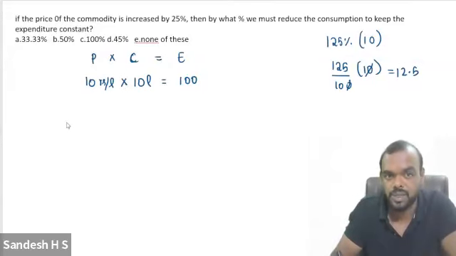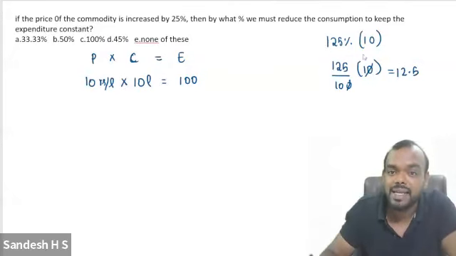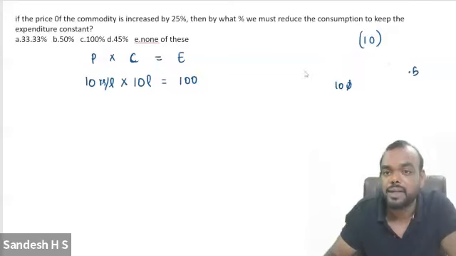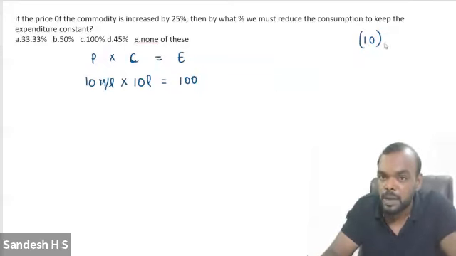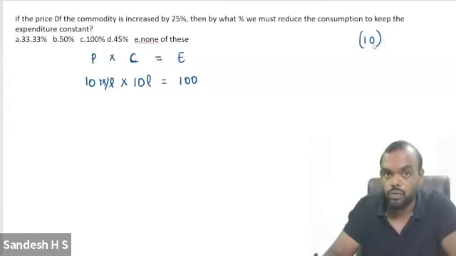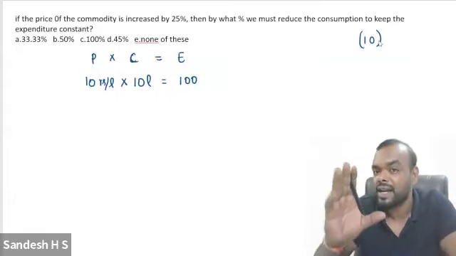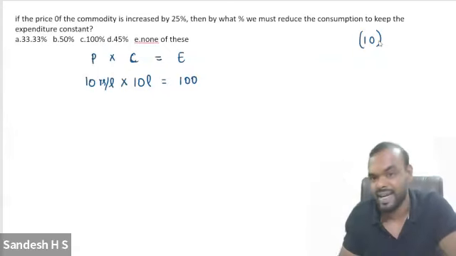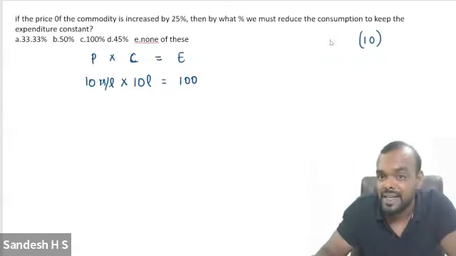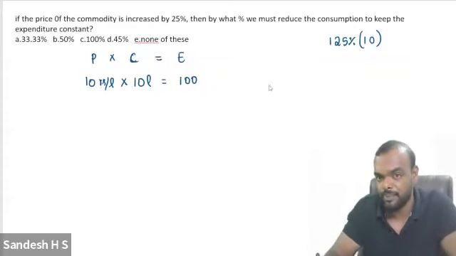Price into consumption. Now the price is increased by 25%. Original price is 10. We can consider it as 100%, as I told you in the beginning of the class. 10 can also be considered as 100% of 10. Increased by 25% means now this will become 125% of 10.